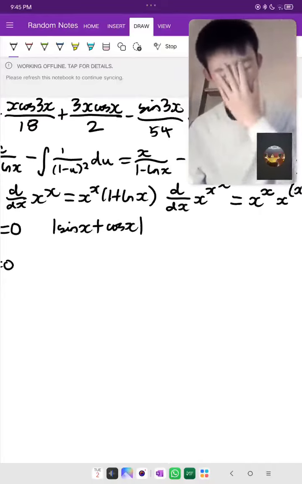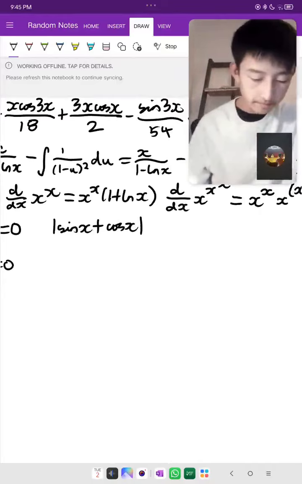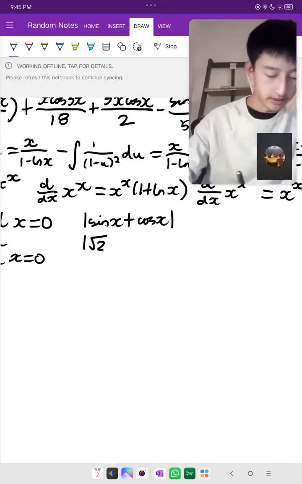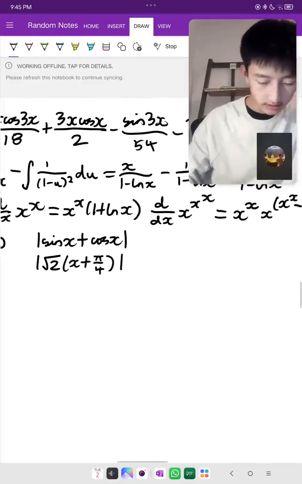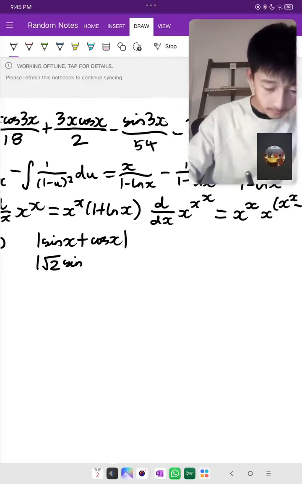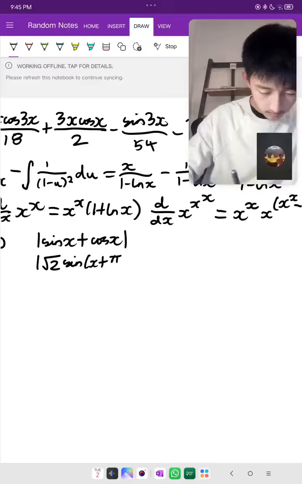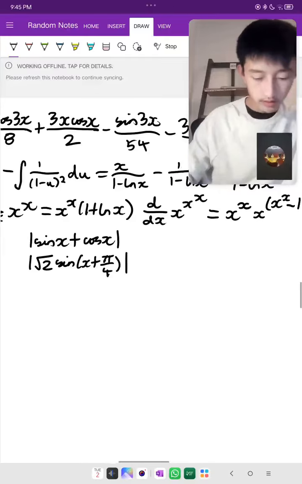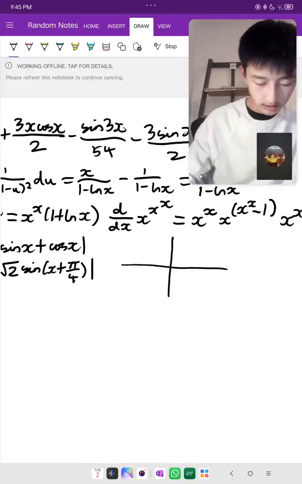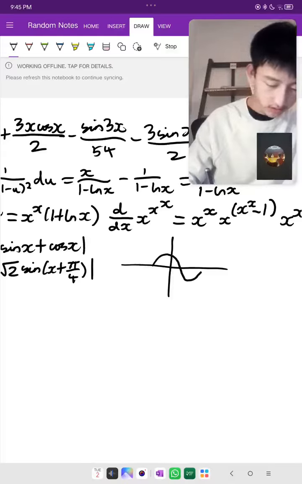Okay, so I know from harmonic form that this is the same as root 2 sine x plus pi over 4. So we're integrating this, root 2 sine x plus pi over 4. So we're integrating mod of this. So if I do a quick sketch, then we sort of shift everything to the left by pi over 4.